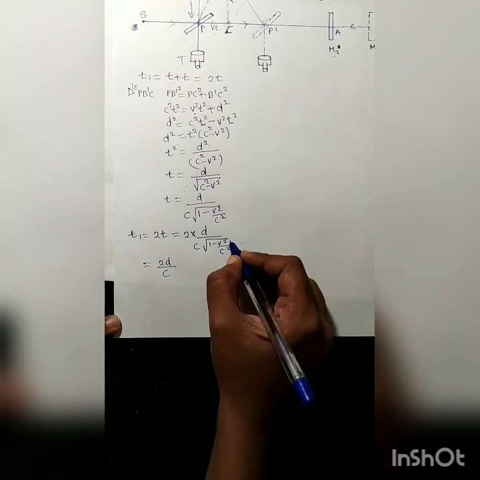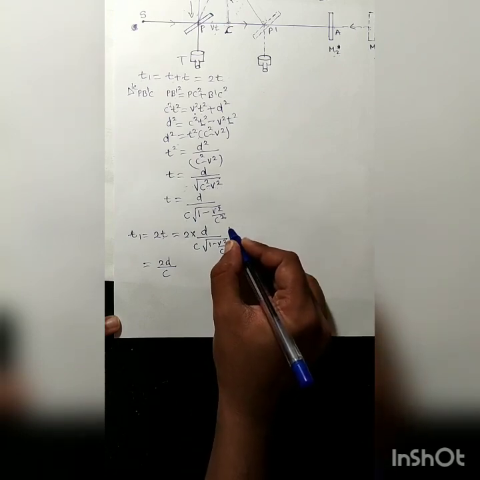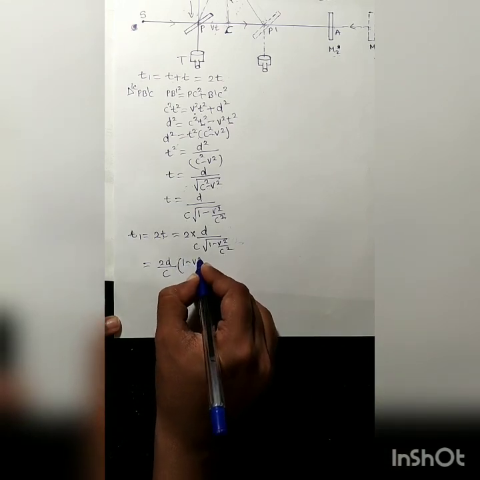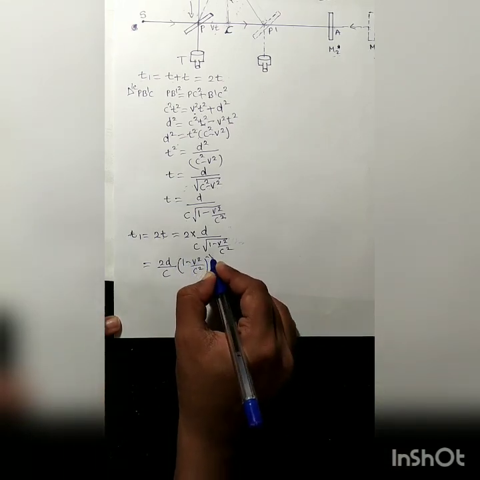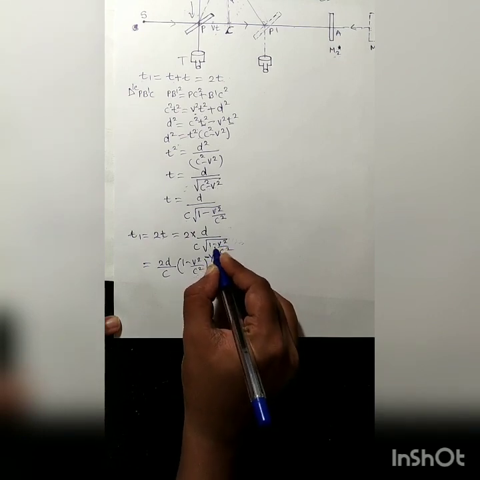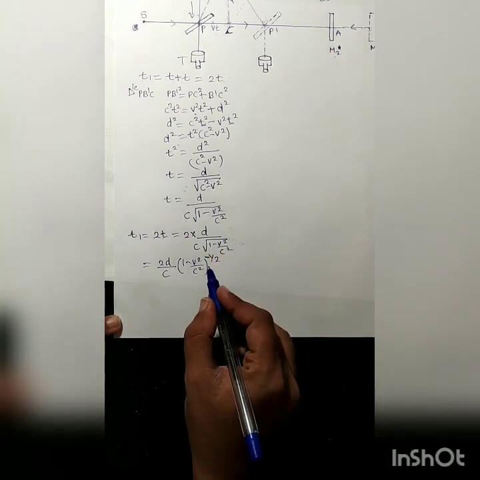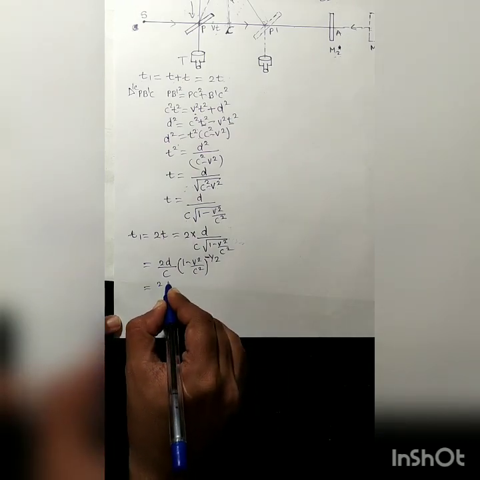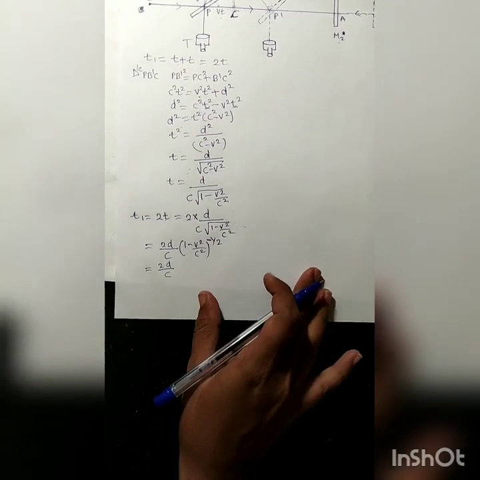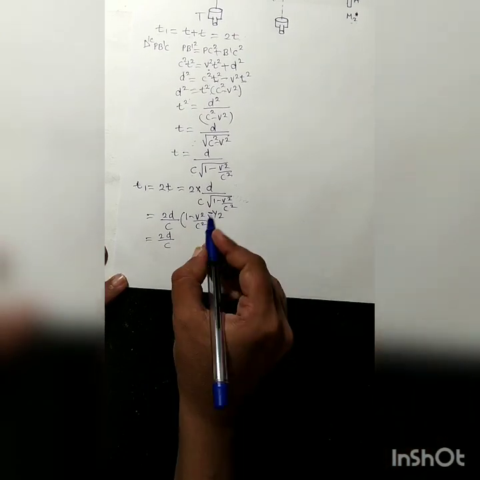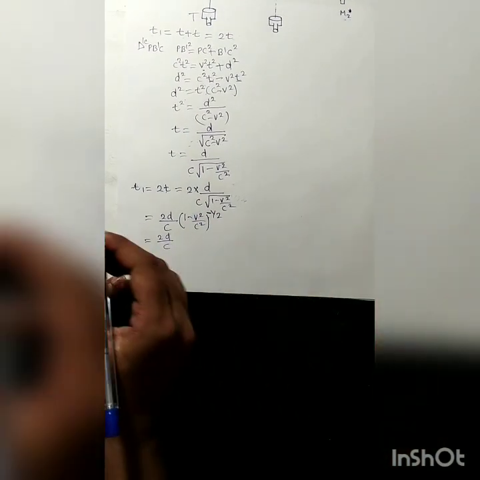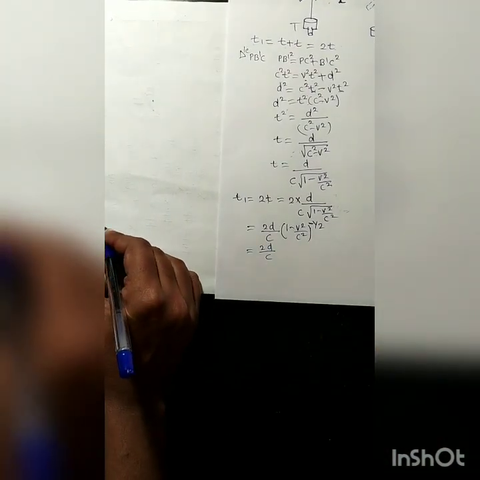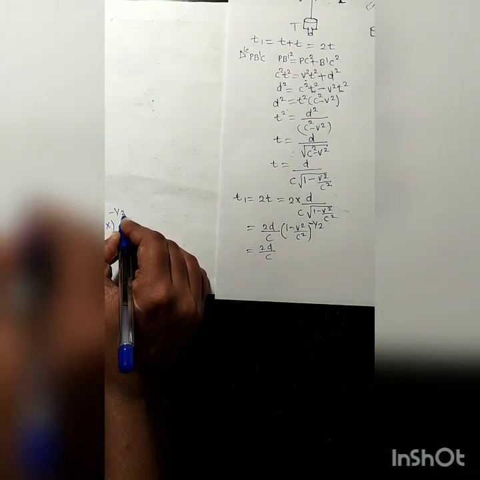But if you take it to the numerator, it becomes minus 1 by 2, because it is in the denominator. So 1 minus v square by c square raised to minus 1 by 2, which is equal to 2d divided by c. And we know the thing, that is 1 minus x raised to minus 1 by 2.